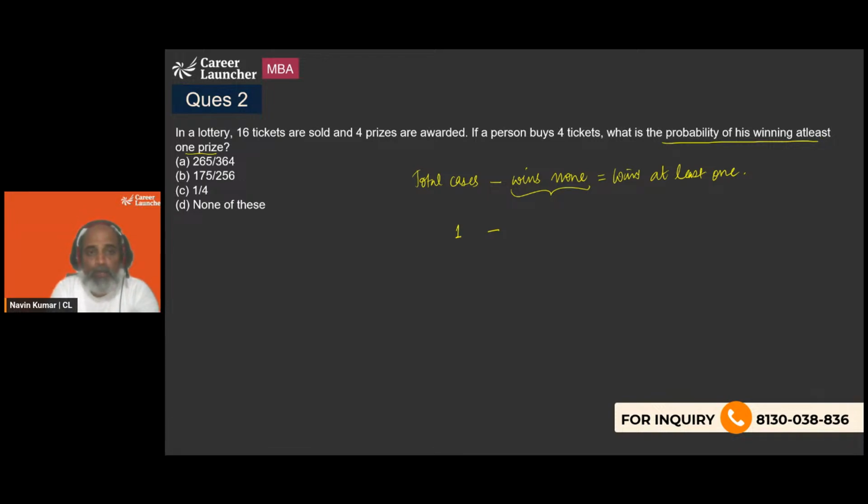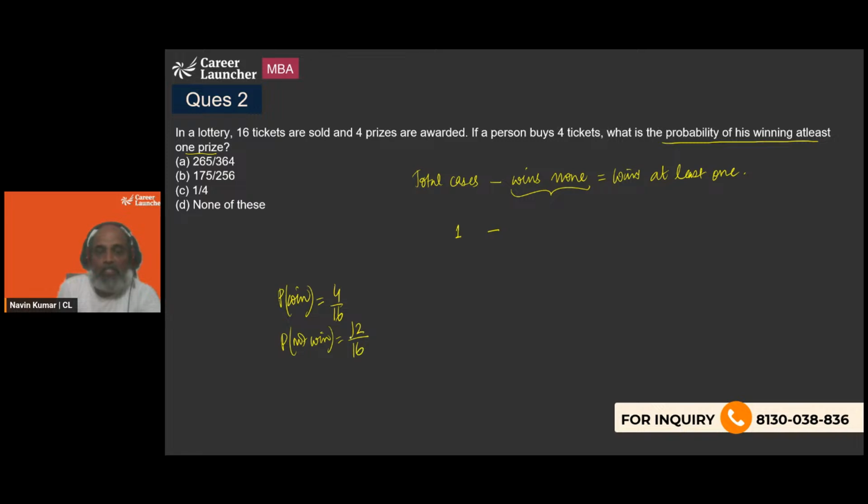So the probability of him winning the prize is going to be 4 out of 16, right? So the probability of him not winning the prize is going to be those 12 lottery tickets where there is no prize at all.